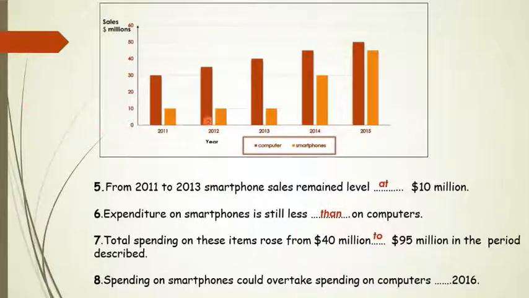Okay, right. Number 8, spending on smartphones could overtake spending on computers. Now this is going to be a kind of prediction. Okay, now 2015, so we are going to predict, right? We are going to guess what would happen in 2016.